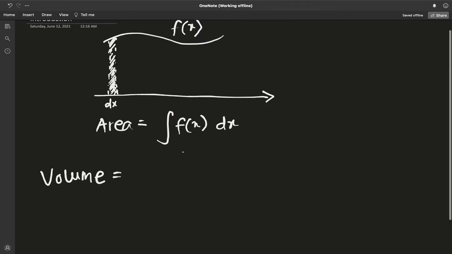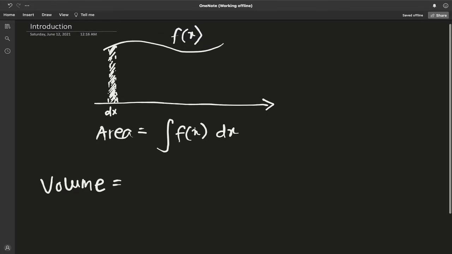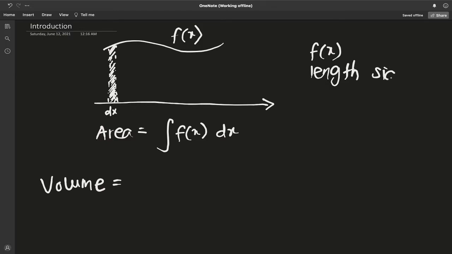Well, what we can do, if you consider f of x to be like a length element, a length function, I mean, it kind of makes sense, right? Because f of x gave you this height, this y height or whatever.